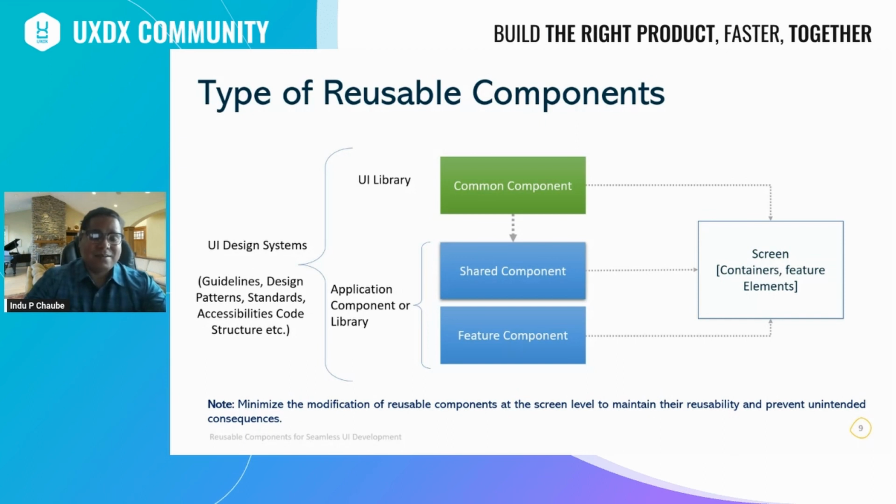And then based on that design system, there are many kinds of components. First, it can be a common component, that could be a library. Everyone knows, and if you belong to the UI development industry, you probably understand, there are many design systems and many open source libraries, like Material Design, Bootstrap, and all.